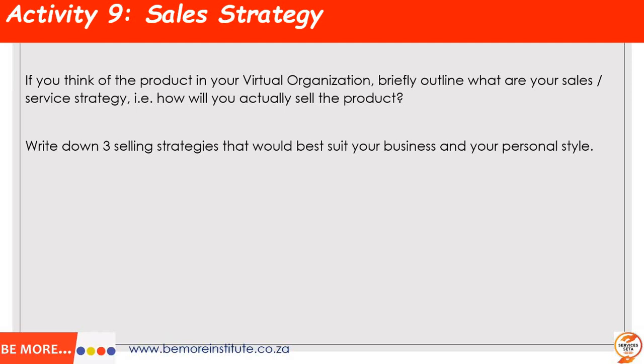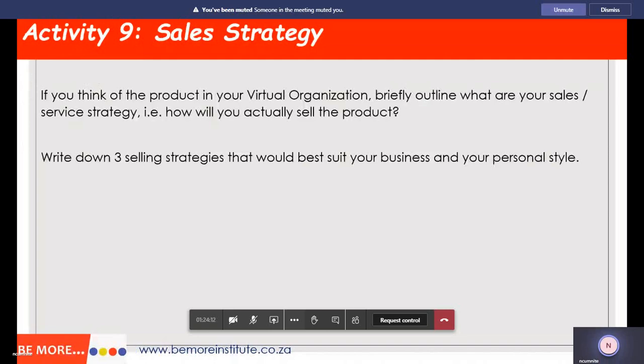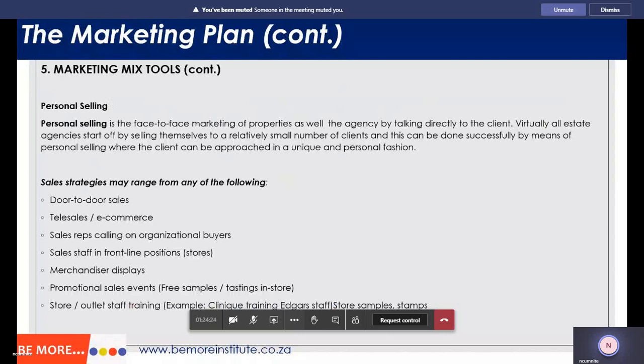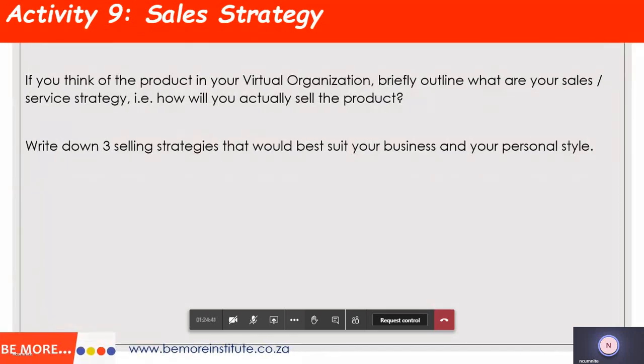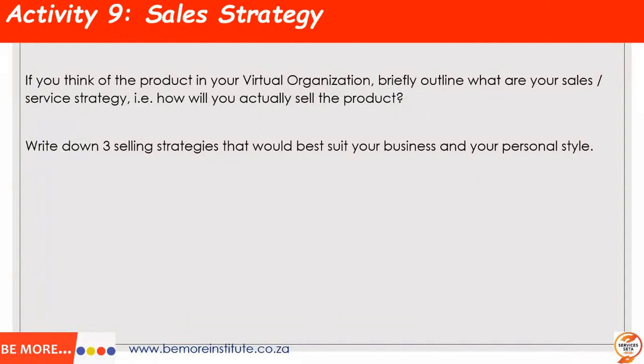Any other? So with all the information that we've just gone through, following up on the virtual organization, you look at what selling strategies, having done all this, understanding what works for you, understanding the business that you are in, and what is the best strategy that you can employ. So if you chose a bakery, for example, who is your target market? Are you doing large scale, or you have people coming on a daily basis?